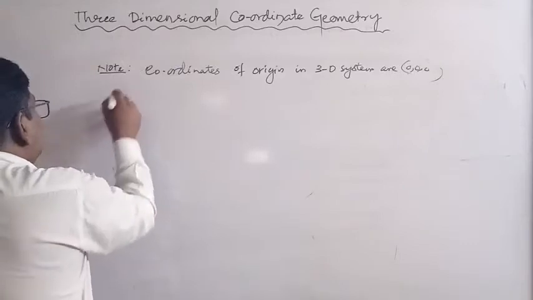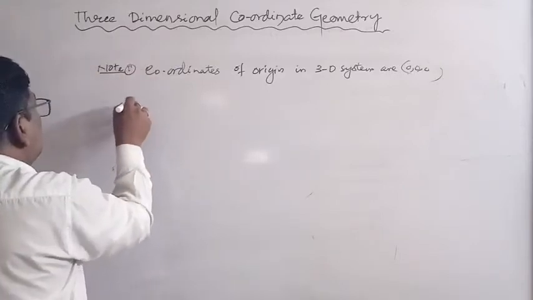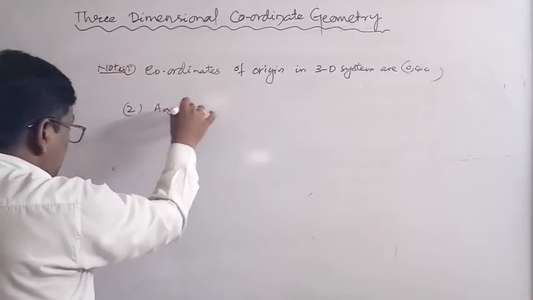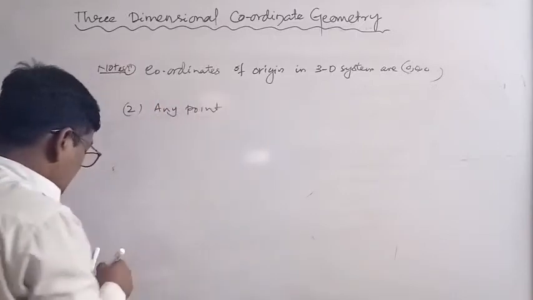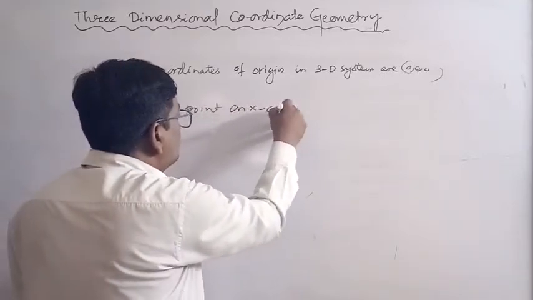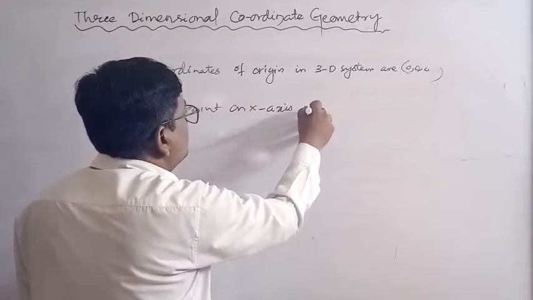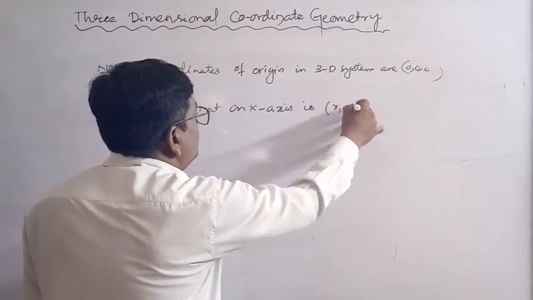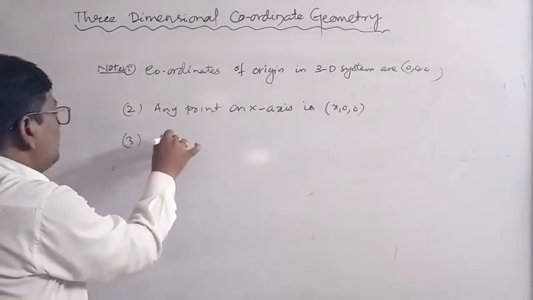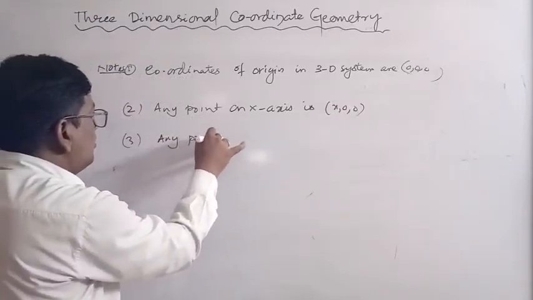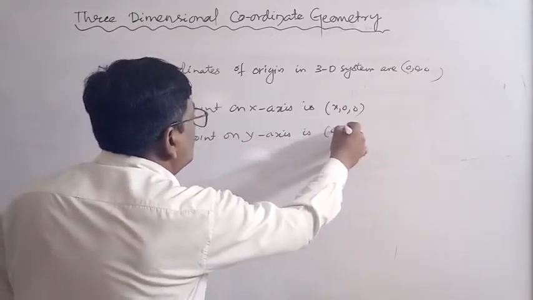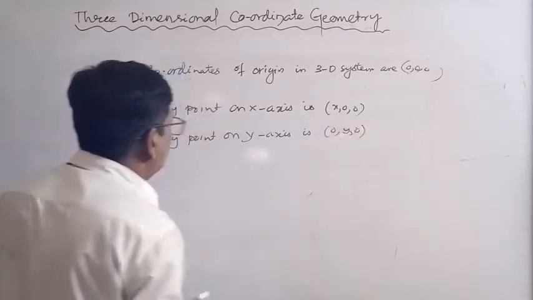Okay, that is now coordinates on the coordinate axes. Note: number 2, any point on the x-axis is x, 0, 0. Number 3, any point on the y-axis is 0, y, 0.